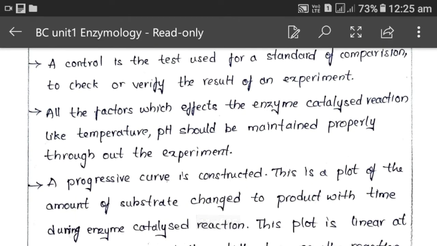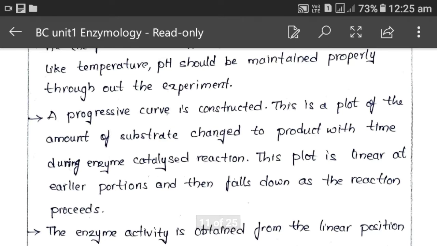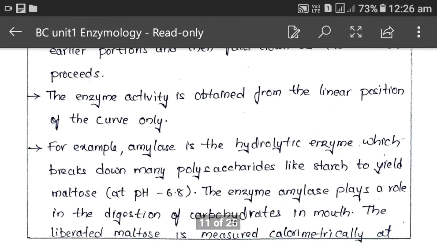All the factors which affect the enzyme-catalyzed reaction, like temperature and pH, should be maintained properly throughout the experiment, and a progress curve is constructed. That means we draw a graph plotting the amount of product against time, and a linear graph will be plotted and a fall-off is also observed, but enzyme activity is obtained from the linear portion of the curve only.